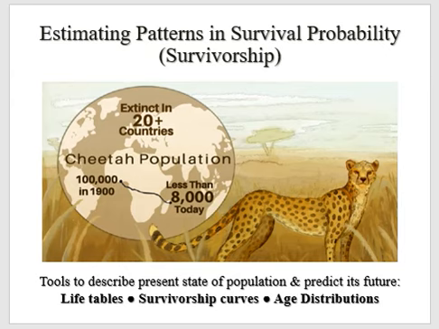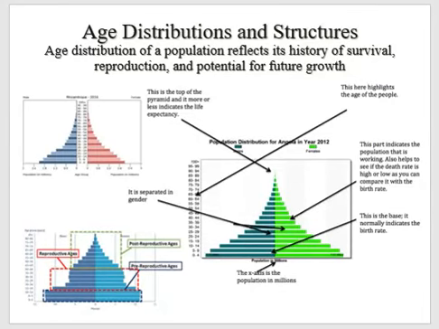And then the last type that I'll be talking about are your age structures or age distributions. These are essentially snapshots of a population in time, showing how its members are distributed among age and gender or sex categories. So we'll start with your age distributions or age structures.